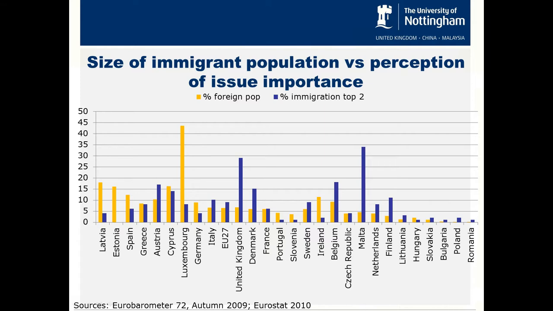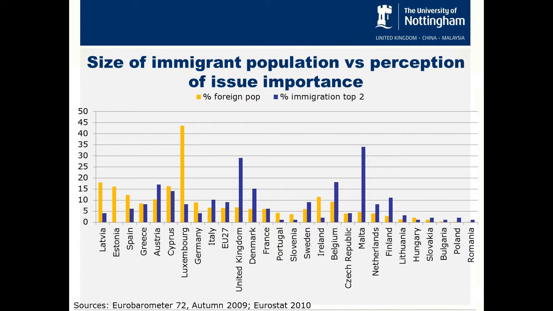So the yellow bars are the proportion of the resident population who had a foreign nationality, and the blue bars are the proportion of people in that country who rated immigration in their top 2 most important issues for their country in the Eurobarometer survey. And the figures for these two are from as close a time period as possible.